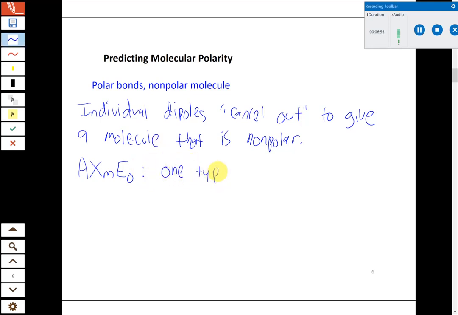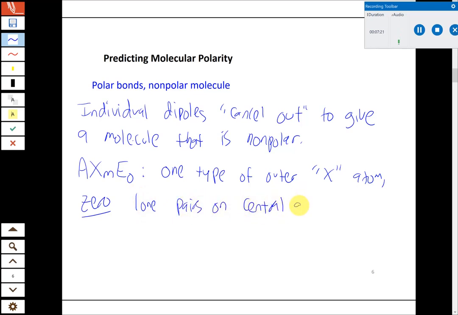So it's the typical AXE notation we're using for VSEPR, with the central atom A, some atoms bonded to the central atom, and some number of lone pairs on the central atom. In a situation where you have AX_nE0, which means you have one type of outer X atom and zero lone pairs on the central atom, those will all be nonpolar.